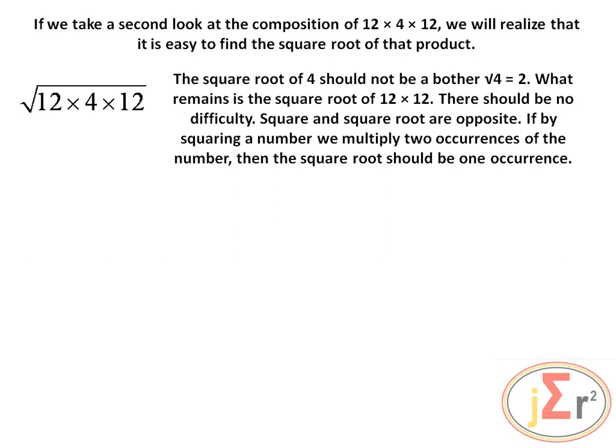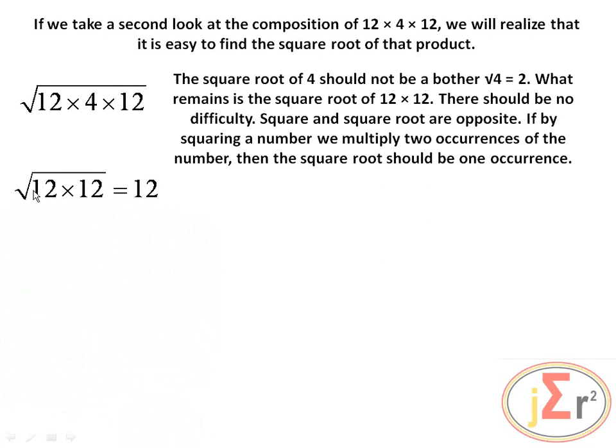Square and square root are opposite. If by squaring a number we multiply 2 occurrences of that number, then the square root should be 1 occurrence. What I'm saying is that if you square 12, it is the same thing as multiplying 12 by 12, multiplying 2 occurrences of 12 together.